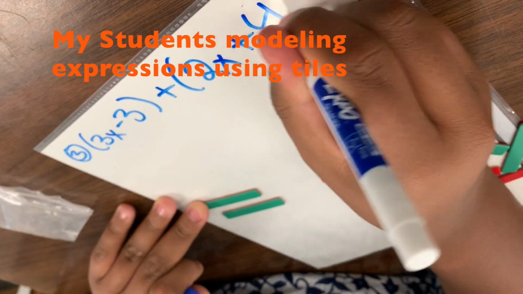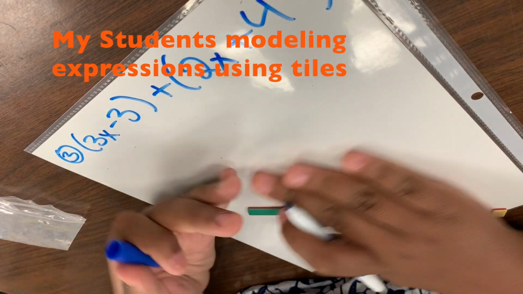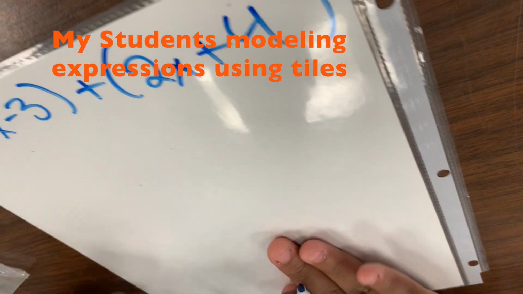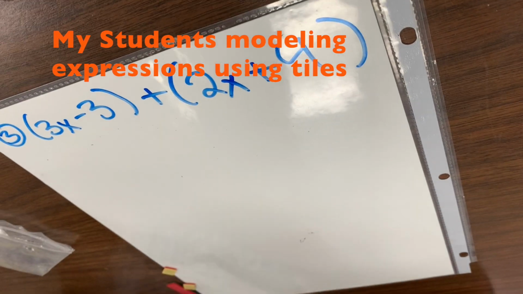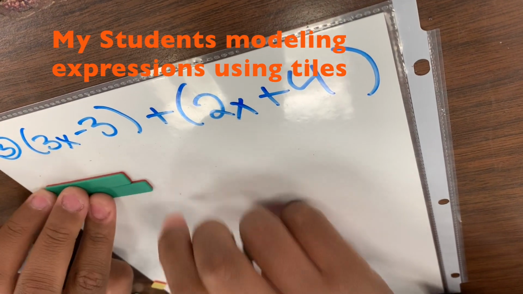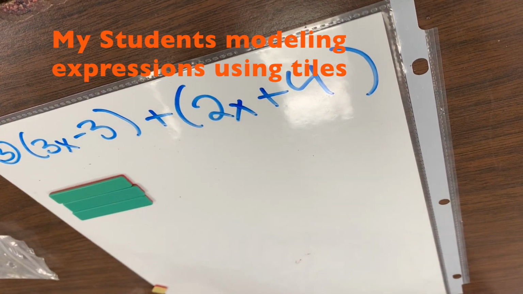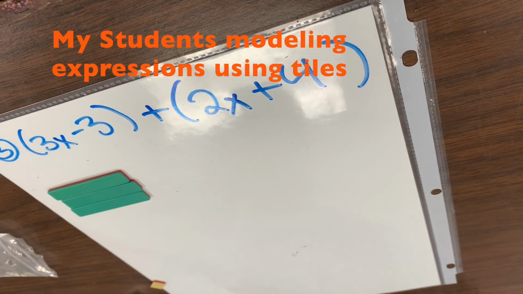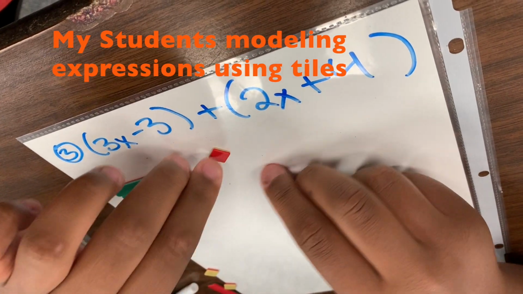Okay. So I'm going to put 3 x tiles, or x bars, minus 3. So I'm going to get my negative tiles because you're subtracting.